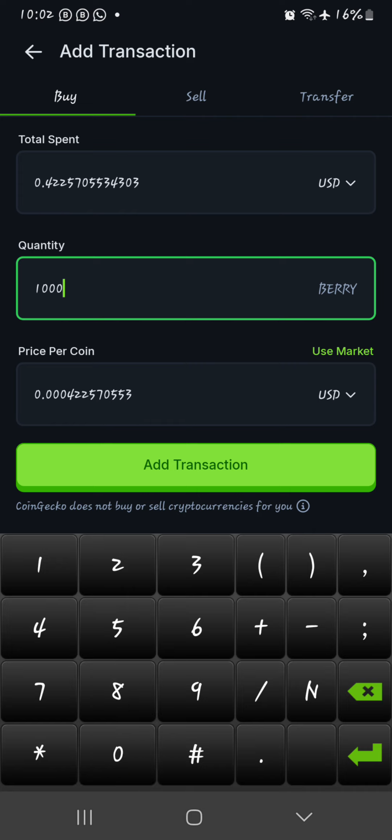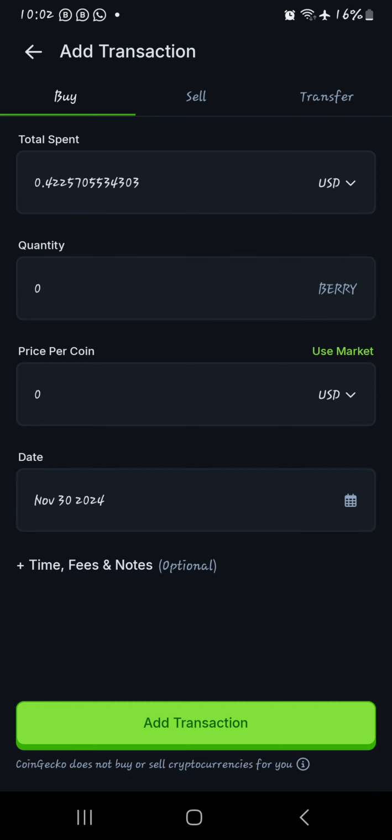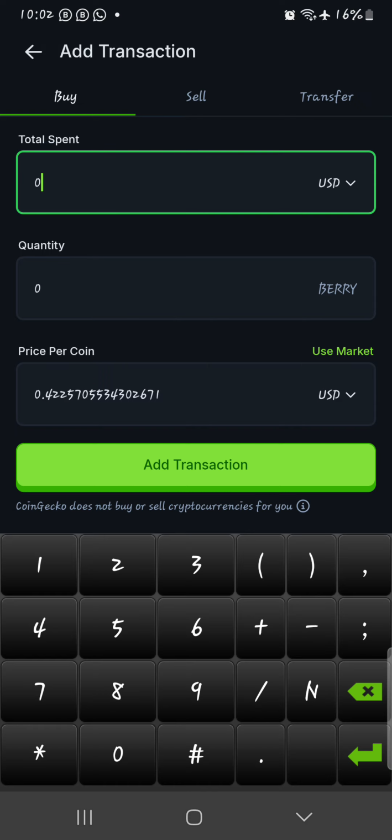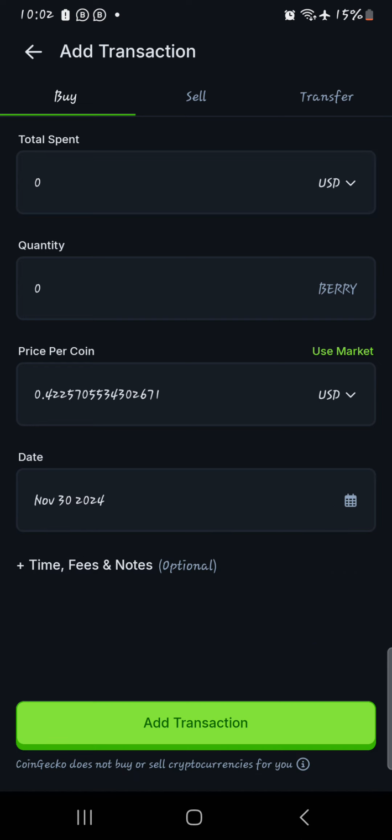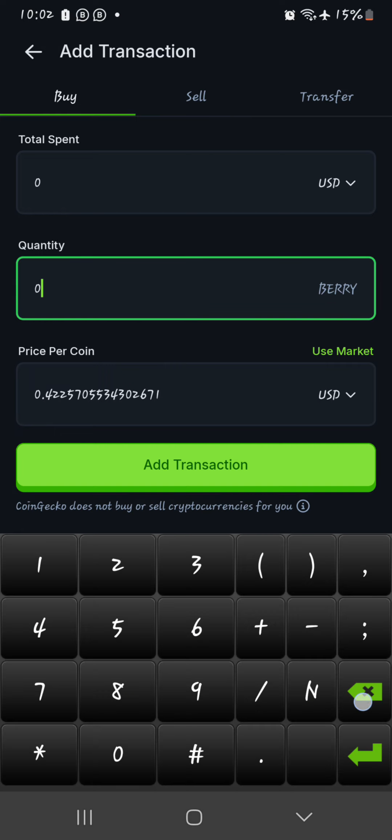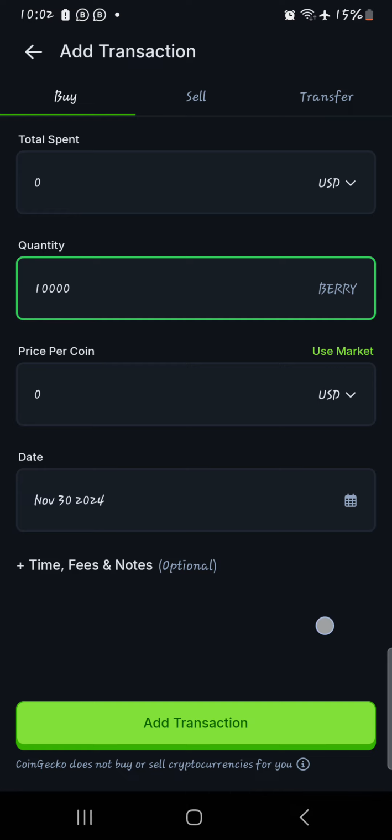So we are buying $10 what? There's something. Okay, use market. Well, that did not work the way I imagined. I think there's something wrong with this. But I'm happy this happened like this.